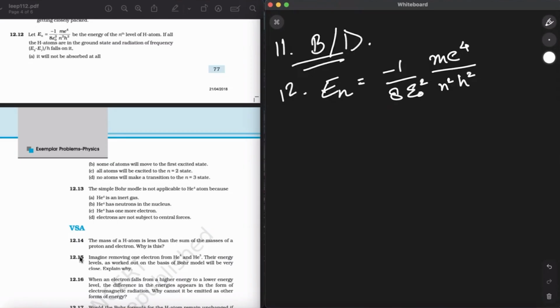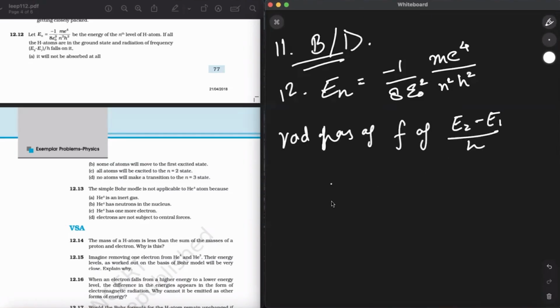And the state of frequency E1 minus E2 by h will not be absorbed at all. So the radiation has a frequency of (E2 minus E1) divided by h.